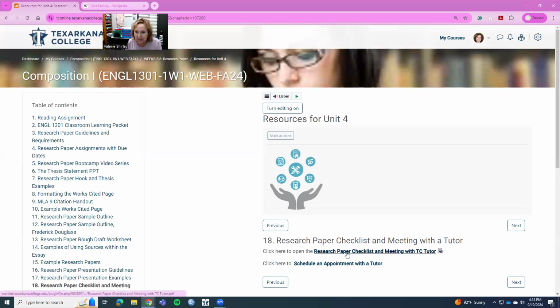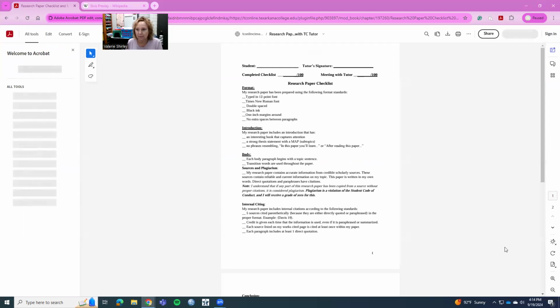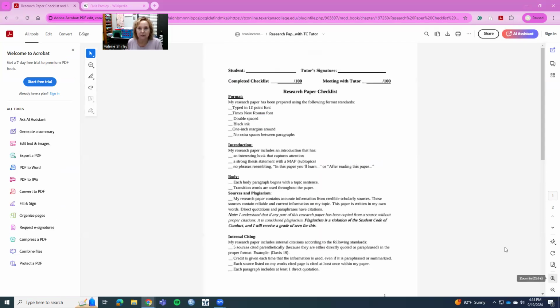And as I said, on the checklist, you can either get the tutor's signature or ask the tutor to email me after you've met with them, and they will. I get emails all the time during this time period. I'll get an email: Hello, Valerie, this is Kendra over at the library in the tutoring center. Yesterday, I worked with the following students, and then all of those students get 100. Definitely go through this checklist.